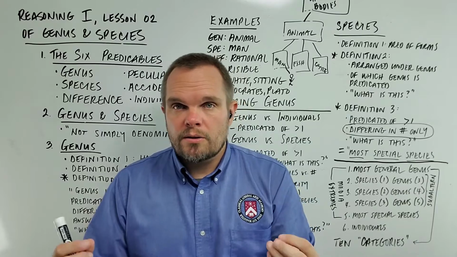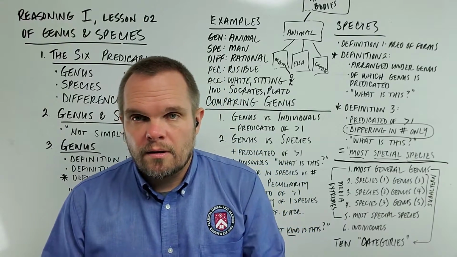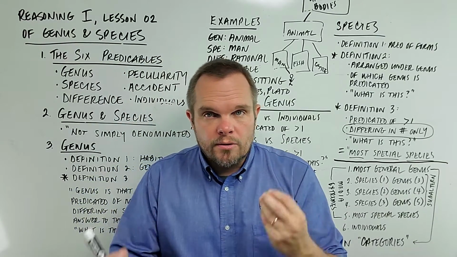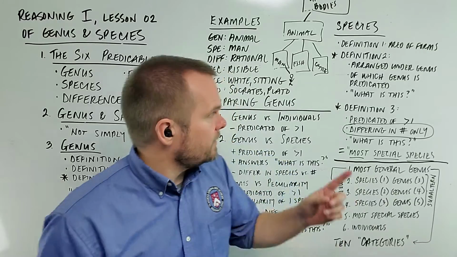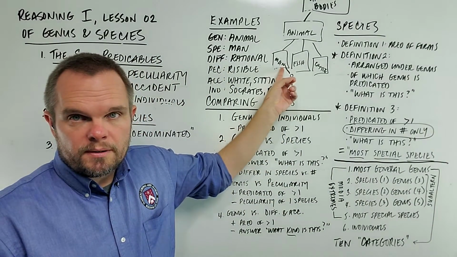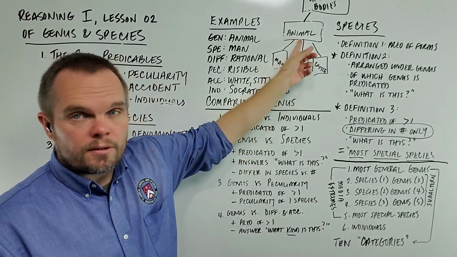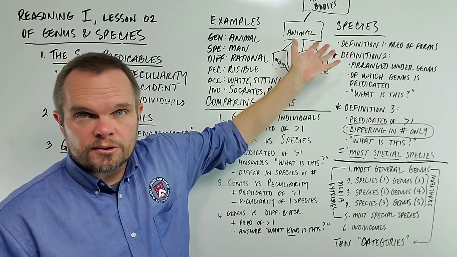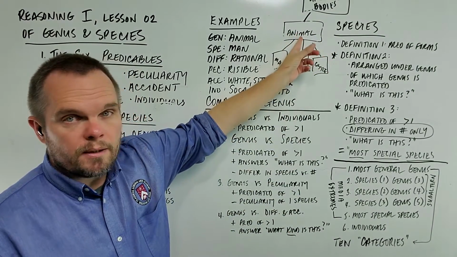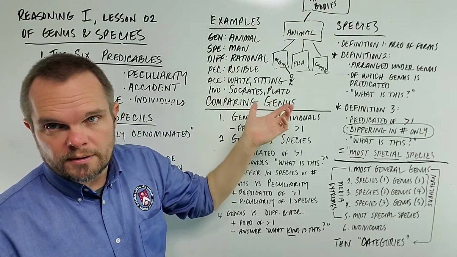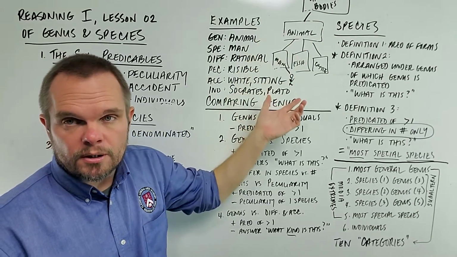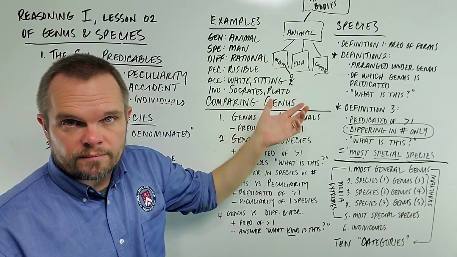So if Aristotle uses the word species, we have to remember that there are two different kinds of species. There's most special species, and there's just regular species, which can be both genus or species, depending on their relationships to different things. Okay?